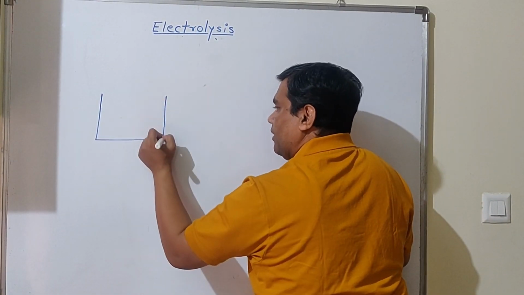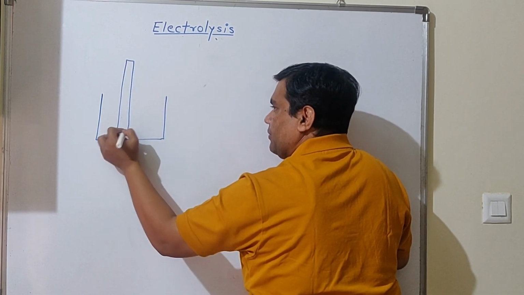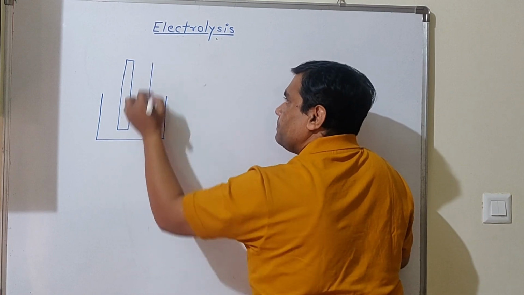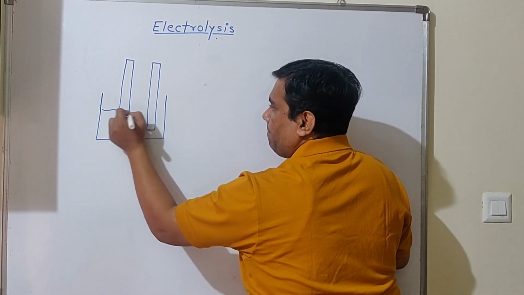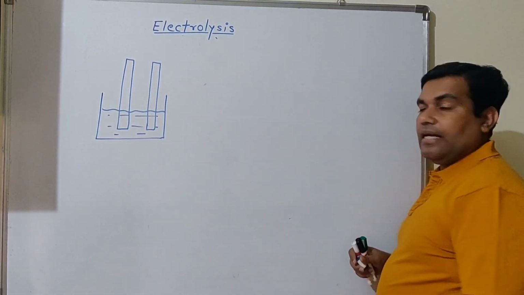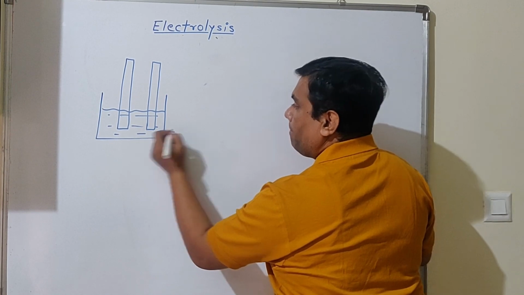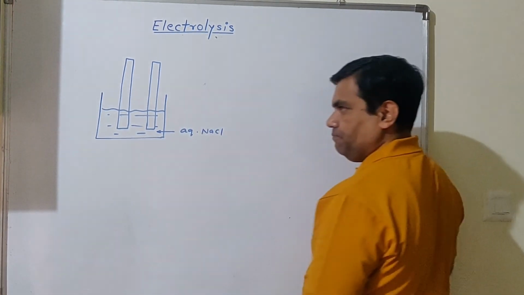Let's say this is an electrolytic cell wherein we have been using 2 platinum electrodes. And the electrolyte we are using is aqueous NaCl.